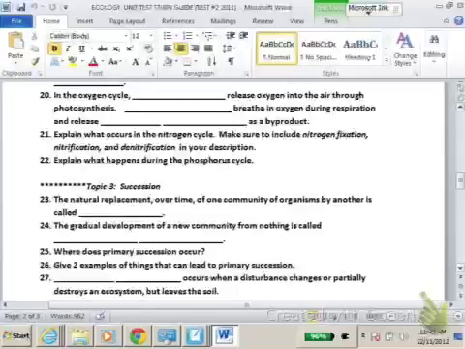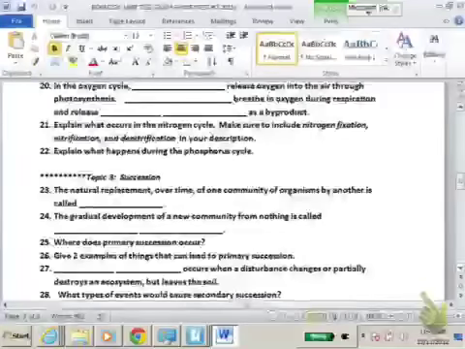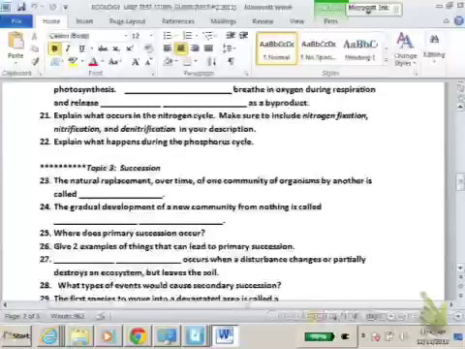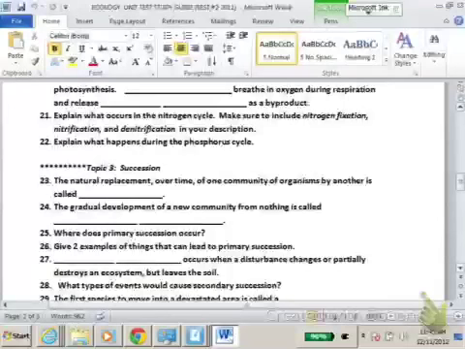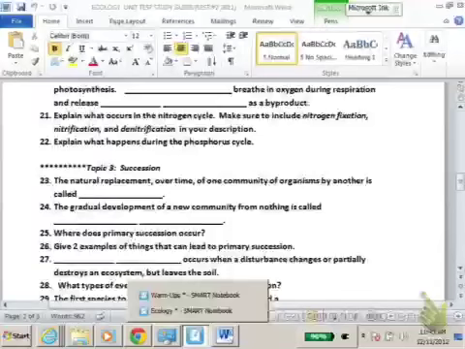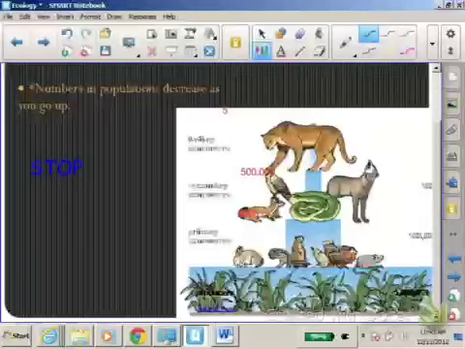Okay, 27, secondary succession occurs when a disturbance changes or partially destroys an ecosystem but leaves the soil. 28, what types of events would lead to secondary succession? We talked about how if I stopped cutting my grass and left it forever, it would turn back into a forest.